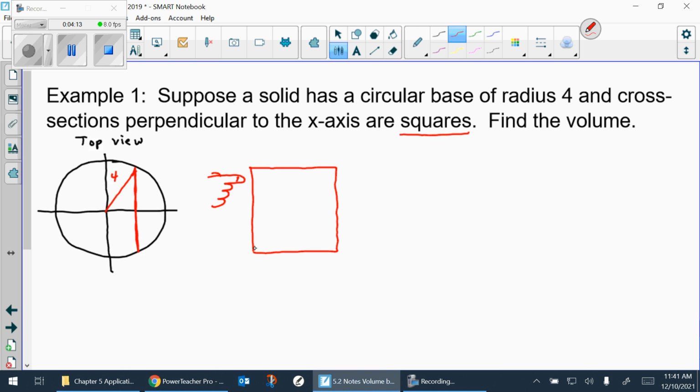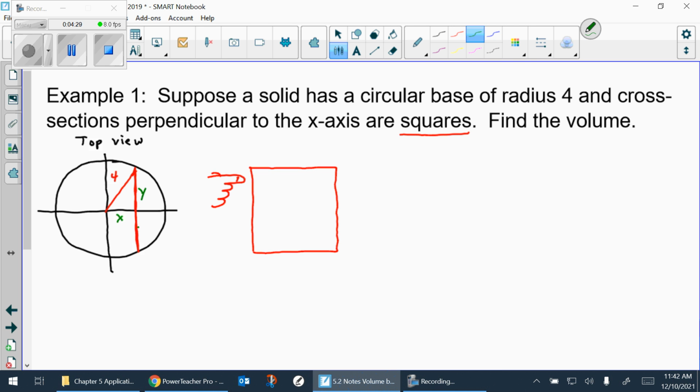So, in an effort to find area, I'm coming back to my drawing here. Where I slice this will vary. So that distance, x from the origin, is going to vary. And if that's x, well, I guess this distance is y.